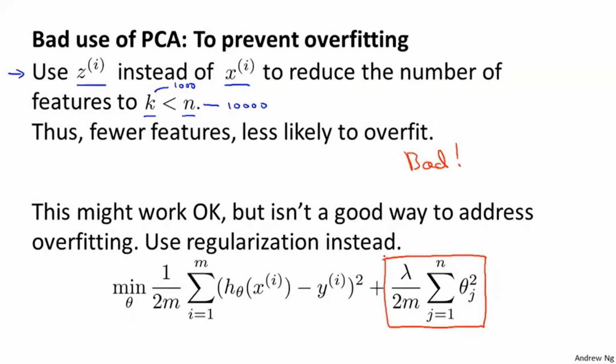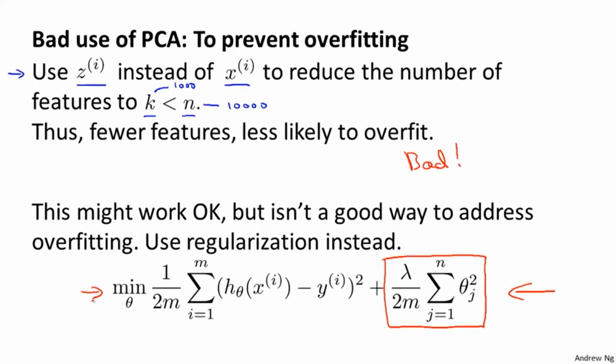And it turns out that if you're retaining 99% of the variance or 95% of the variance or whatever, just using regularization will often give you at least as good a method for preventing overfitting, and regularization will often work better, because when you're applying linear regression or logistic regression or some other method with regularization, this minimization problem actually knows what the values of Y are, and so is less likely to throw away some valuable information, whereas PCA doesn't make use of the labels and is more likely to throw away valuable information.